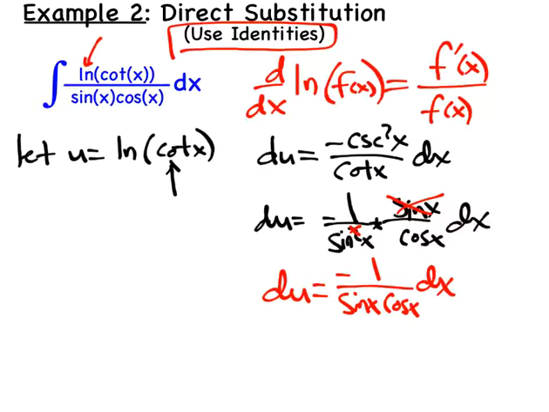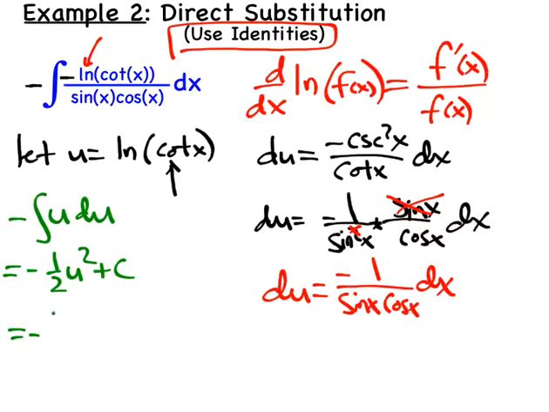The only thing we're missing is a negative, so we would multiply inside and outside by a negative, because a negative times a negative is a positive, and our substitution step will give us negative antiderivative of u du, which gives us negative 1/2 u squared plus c, which is negative 1/2, and our u function was cotangent inside of the natural log, squared, plus c.